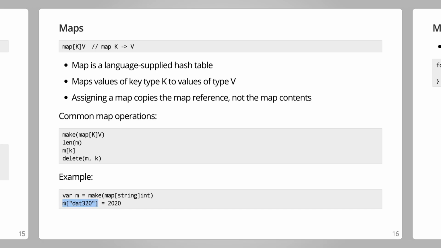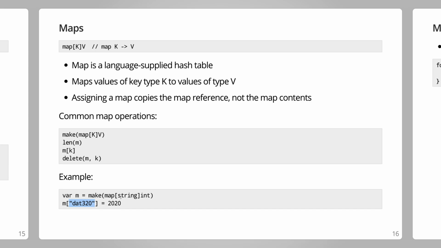So we pass it the key, this string here, and an integer on the other side of the equal sign. That's how we assign the 2020 to the key .320 inside the map.